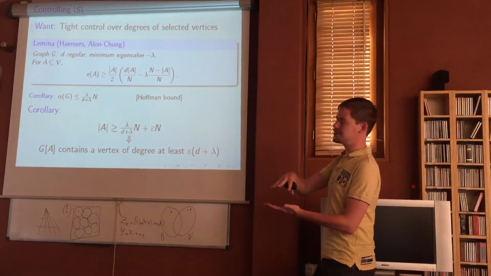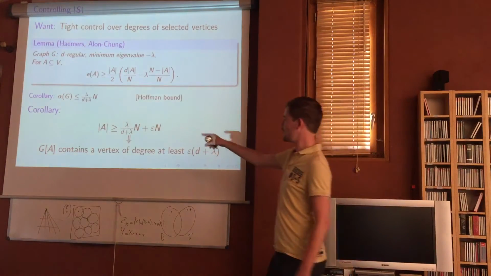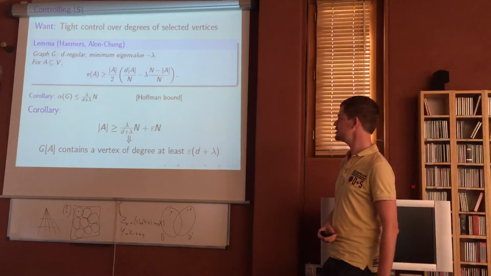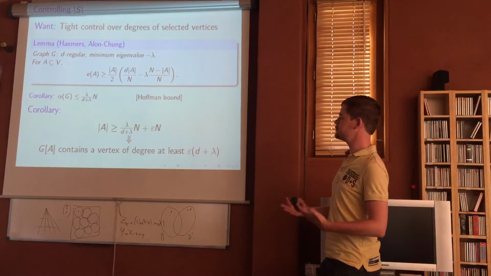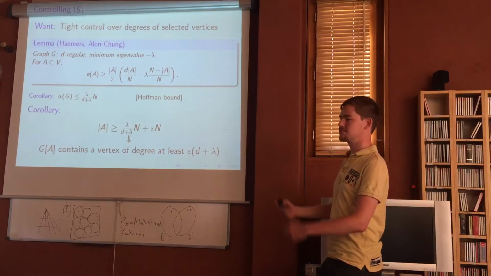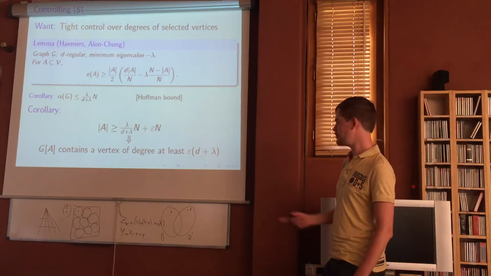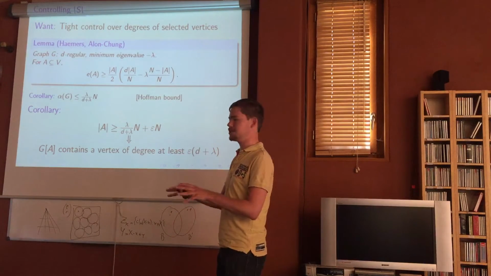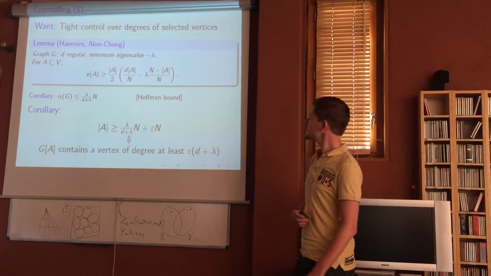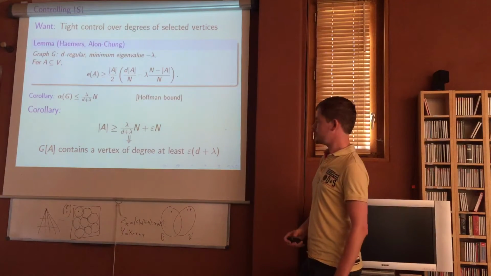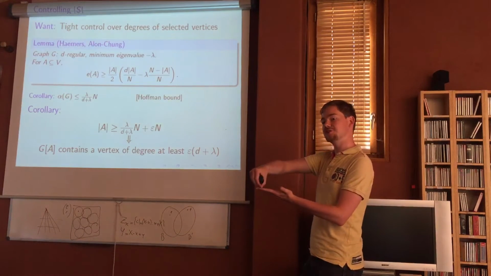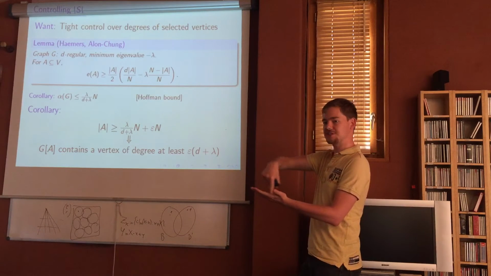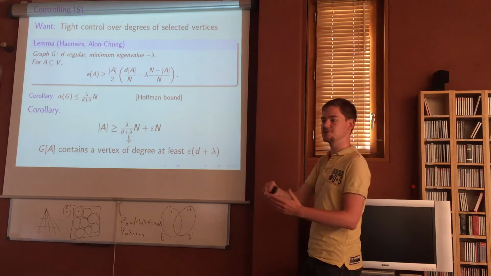It says that if the set A is larger than the Hoffman bound plus a constant fraction of the vertices, then there has to be a vertex of degree at least this, depending on the constant. So this G[A] is the subgraph induced by A. This means that if you select a vertex from this set A, you put it into S, then it kills a lot of its neighbors that are still in this uncharted territory A.